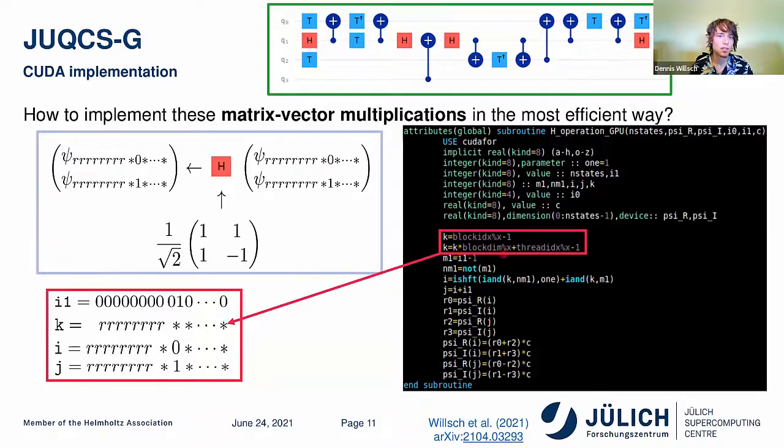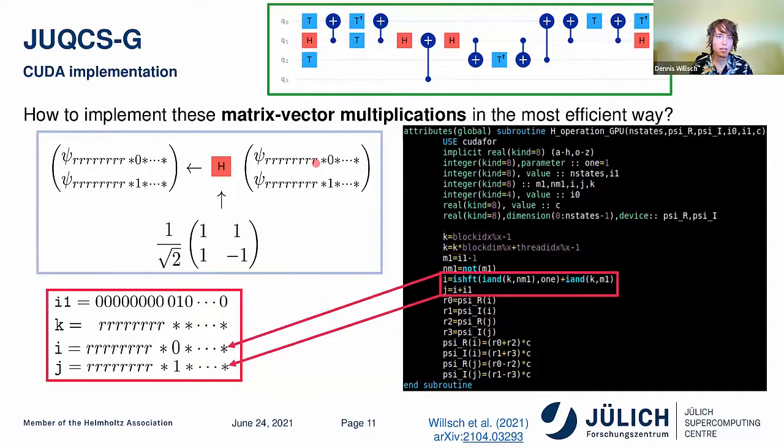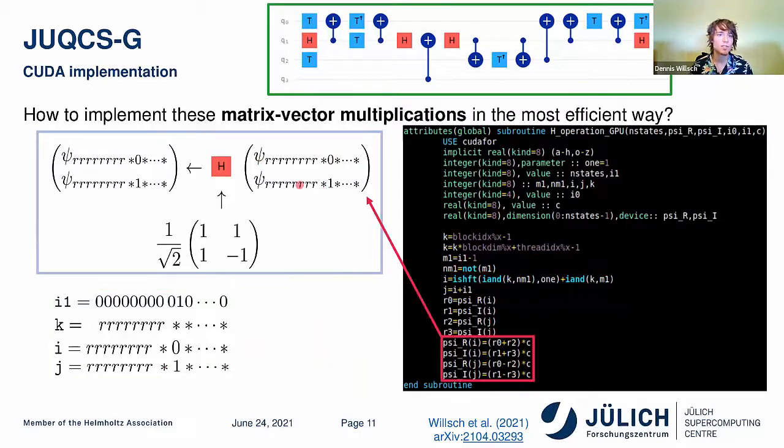It tells the GPU, or this invocation of the kernel, which of the two numbers it needs to combine. And then from this, it computes the two indices, the index of the first and the index of the second complex number. And then it just does this very simple 2x2 matrix multiplication, which is written out in real and imaginary parts here.